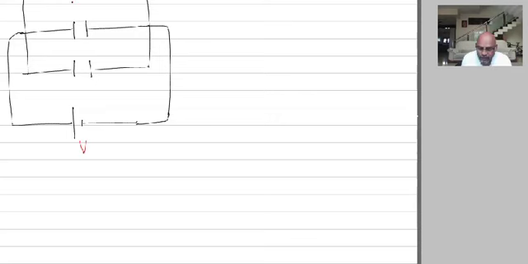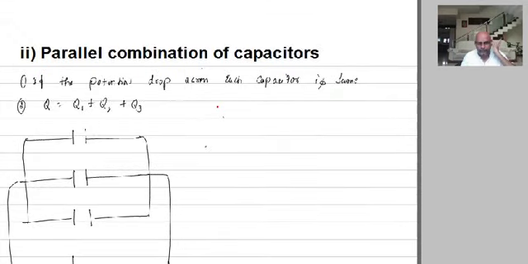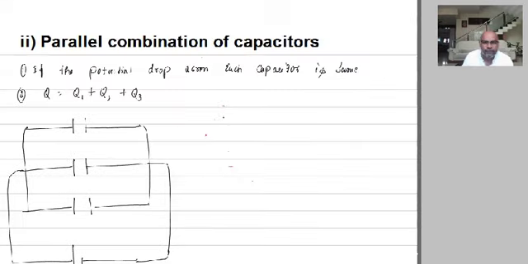Observe here, all the left plates, 1, 2, 3, all the left plates are connected to the positive terminal of the battery, and all the right plates are connected to the negative terminal of the battery.